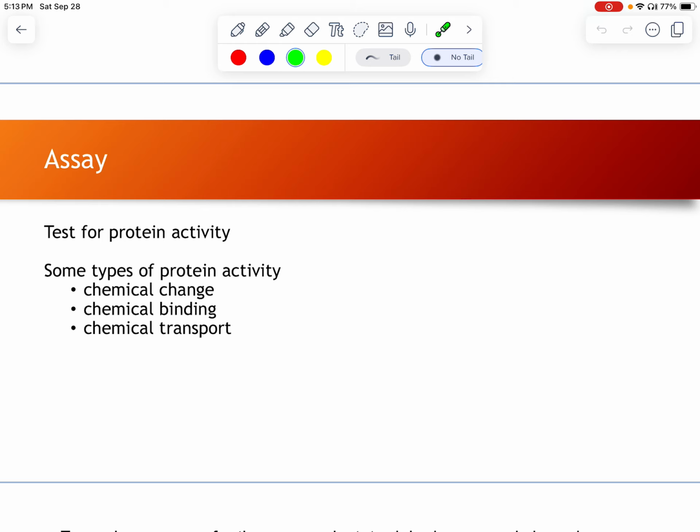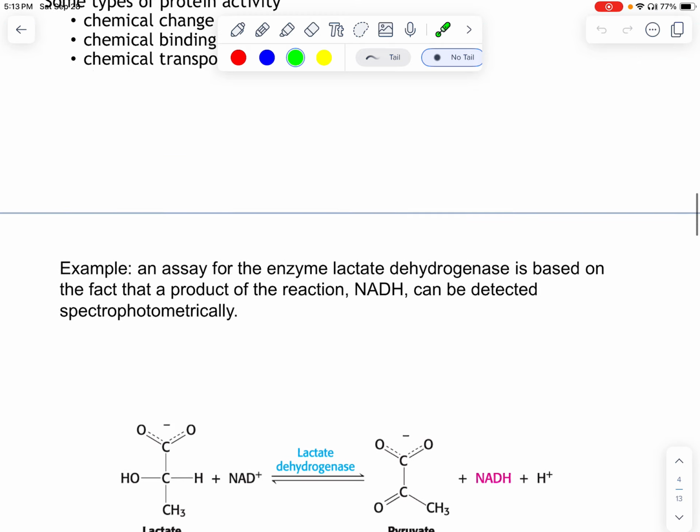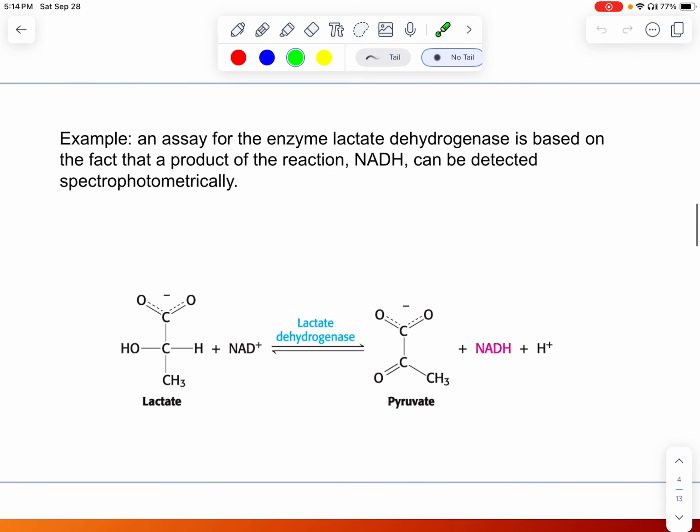We could be looking at chemical binding, for example, binding oxygen to a carrier protein. We could be looking at chemical transport, transporting a small molecule. But right now we're really focusing on those chemical changes. Here is an example.